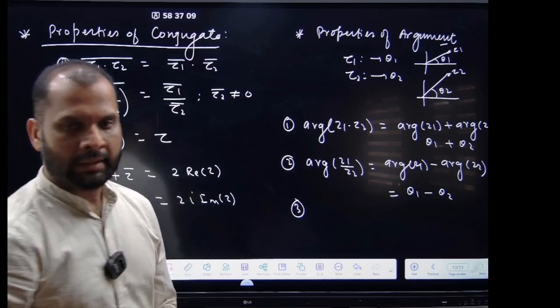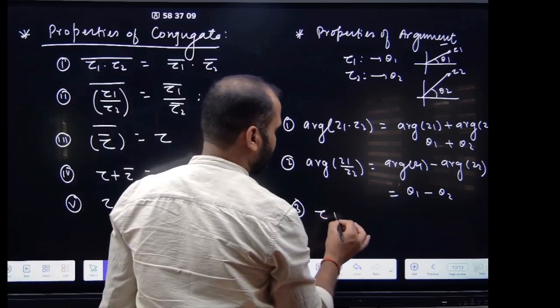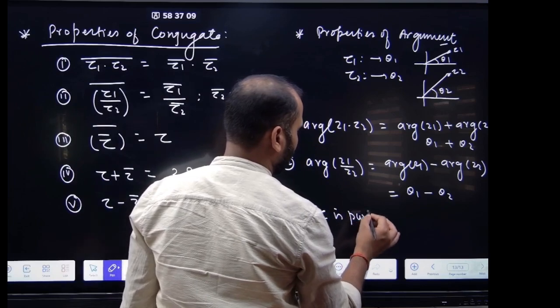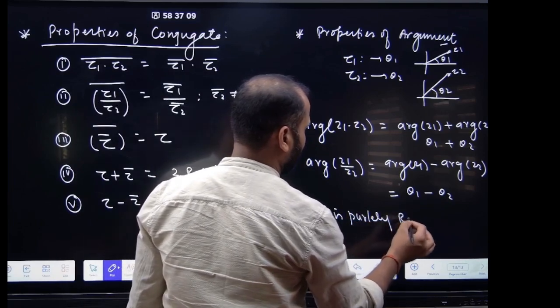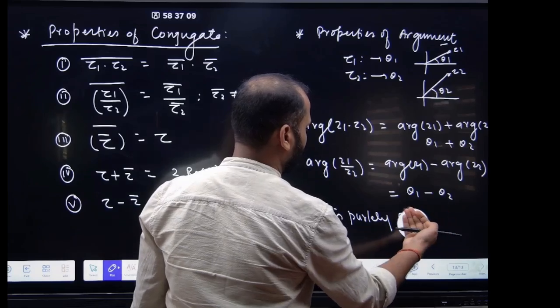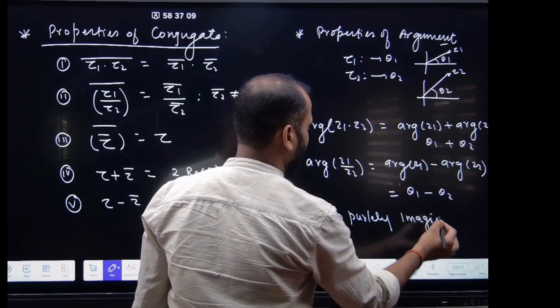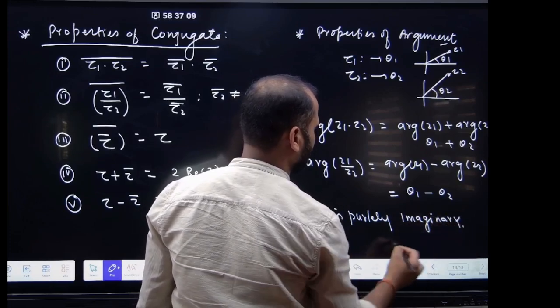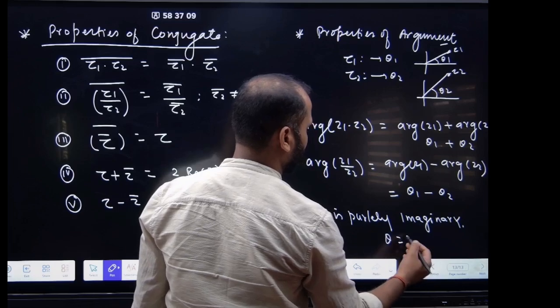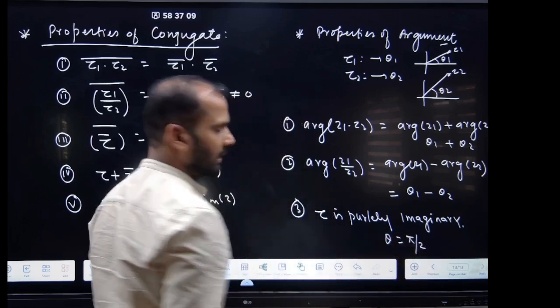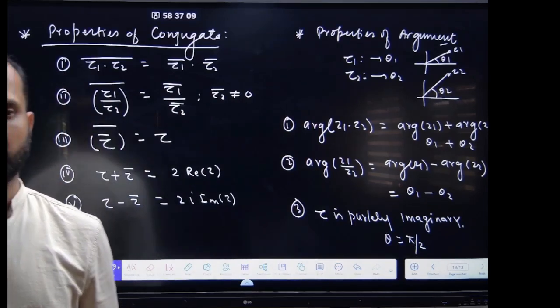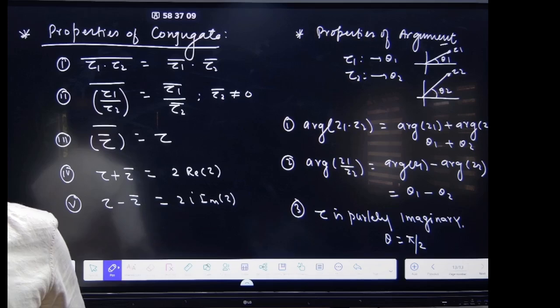Correct? Now, if I write z is purely real or purely imaginary, and then I ask you what will be the theta, tell me. Can I say pi by 2? Purely imaginary means no real part is there.